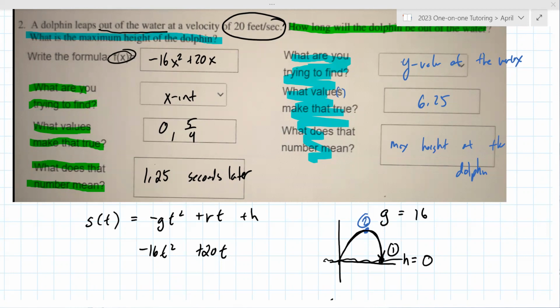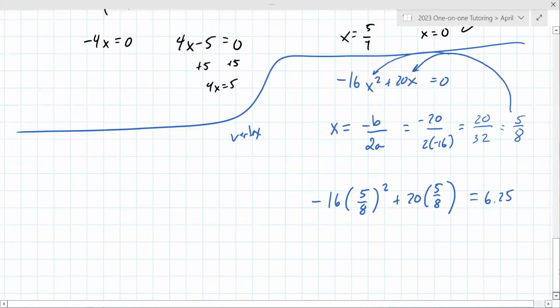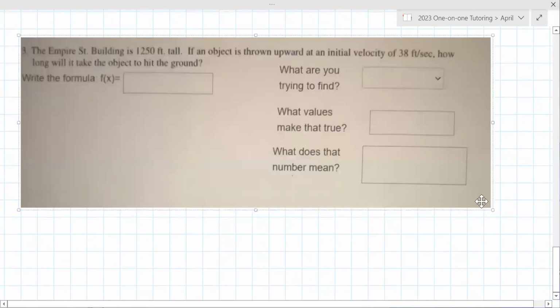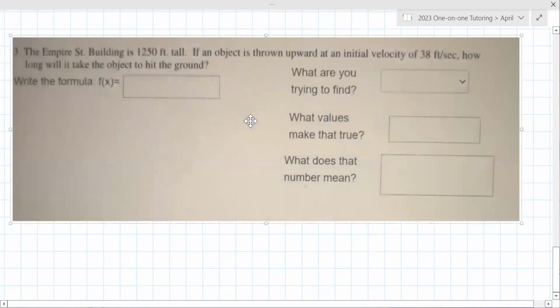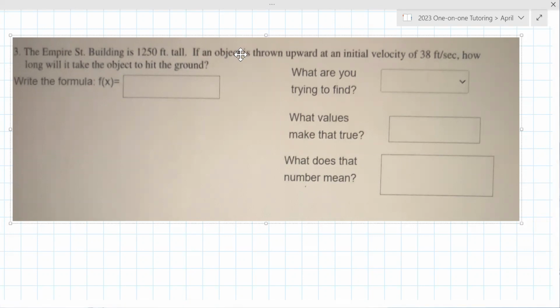All right, have you ever been to New York City before? Yeah. Did you go on top of the Empire State Building? Yeah. It was awesome. You were not allowed to throw objects off the Empire State Building because they hit the ground and they caused a lot of damage.